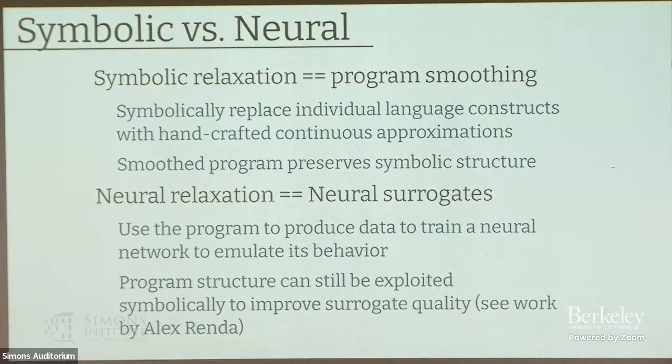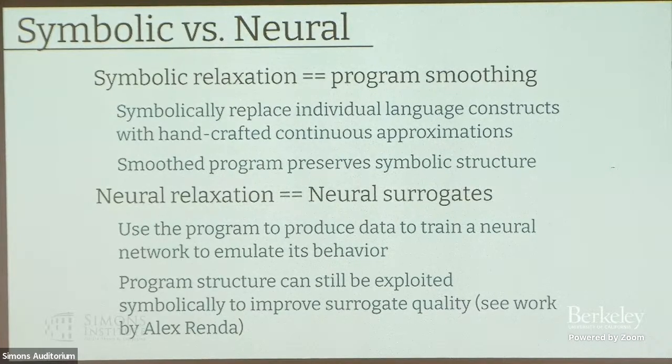To give you an example, one of the applications that Michael Carbin and Alex explored in this space is to take an architecture model of a CPU and then create a neural surrogate of this architecture model so that you can use it to explore program optimizations. And so you need a neural network that is rich enough and expressive enough to model the behavior of this full performance simulator for a CPU.